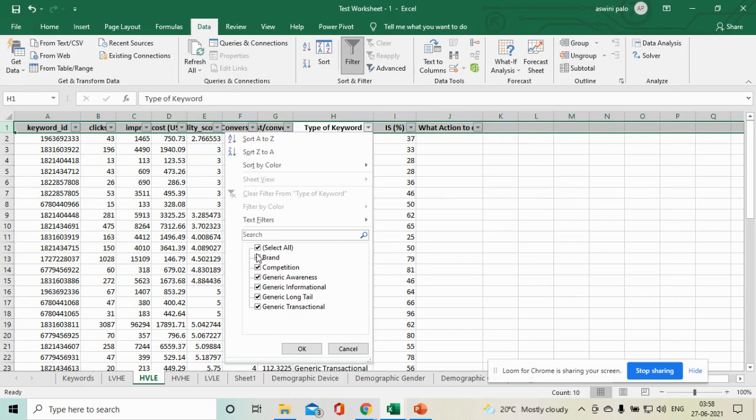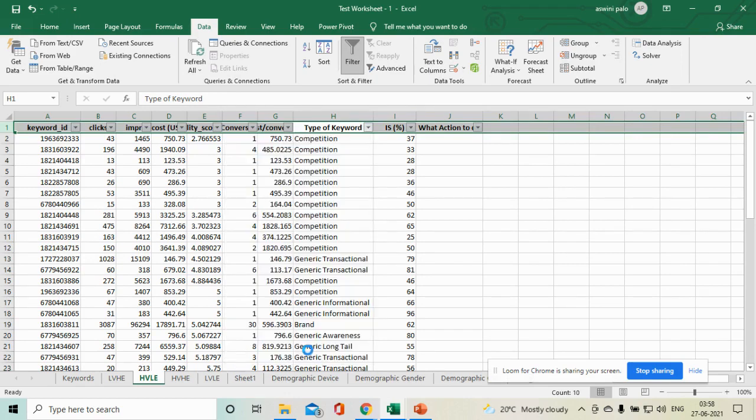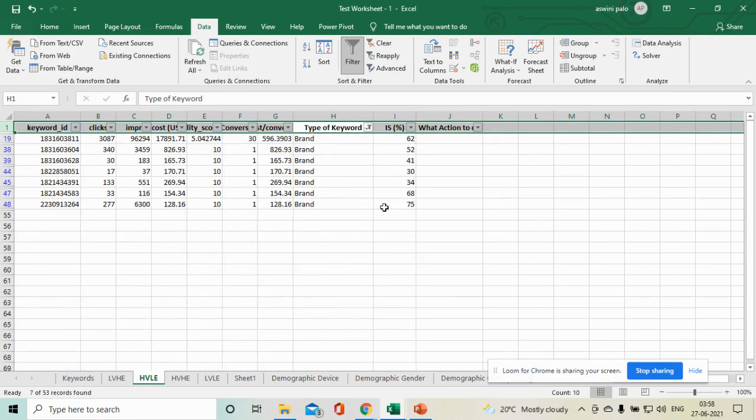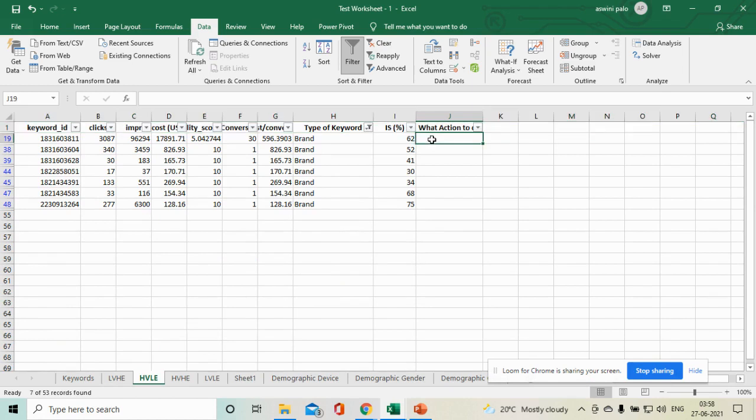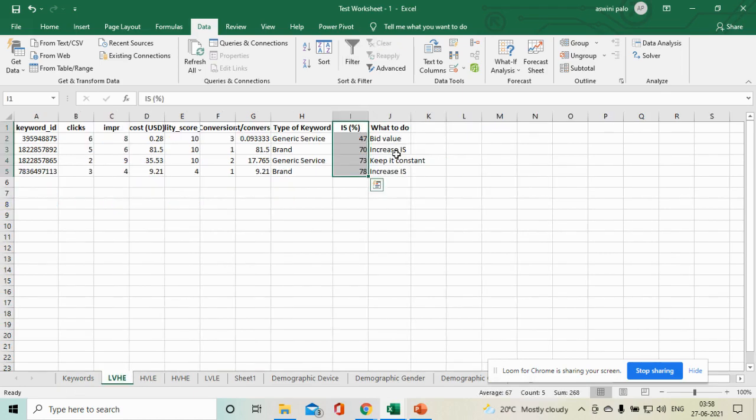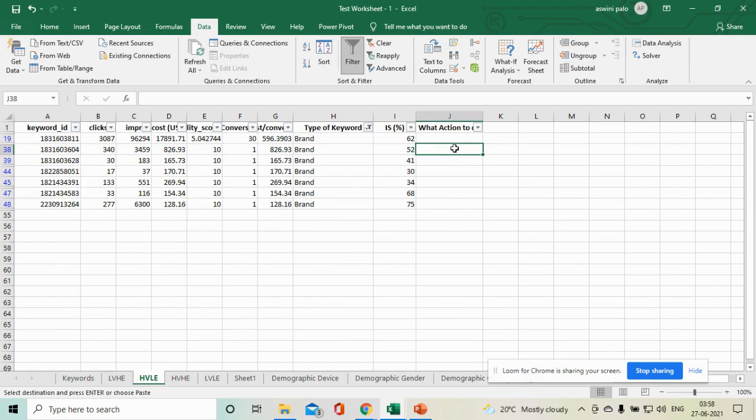Now you have got a clear-cut understanding for brand. Let's see brand. Now the action item is very simple: increase impression share.